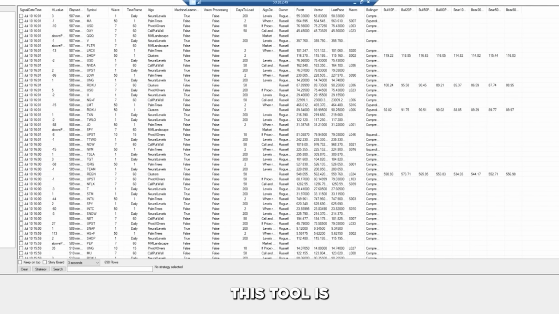This tool makes sure that you do not lose any setups. Whenever you have a setup in your mind, for example, you trade whenever the price gets above the 80% band, I'm going to take that call. You can code in here, like right here, that if you want the price to be above the 80% band, it's going to show you all the tickers above the 80% band. Does that make sense?